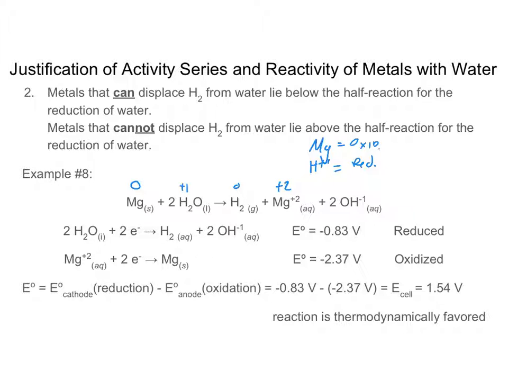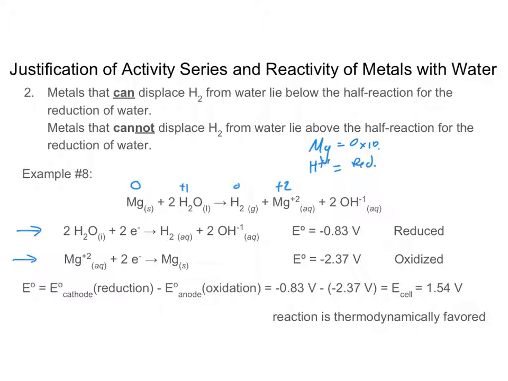And again, I pulled this equation and this equation directly out of the textbook Appendix E, and by doing that, I just grabbed the values that are associated with it. Because I just went through the effort to identify which one was oxidized and reduced, I just left them alone. So in this case, to calculate the cell potential to determine if this reaction is thermodynamically favored or not, I took the reduction minus the oxidation.